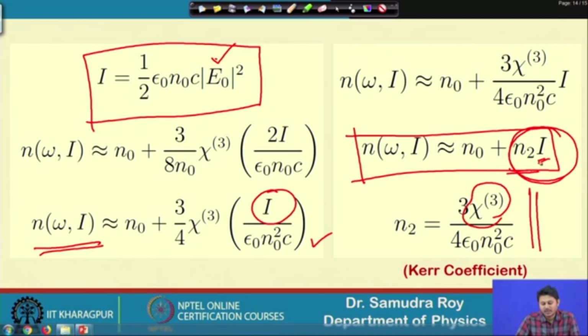So, there are two ways we can increase the nonlinear effect in refractive index, or the Kerr effect. One is by choosing a suitable material for which chi 3 is very high, or we can increase the intensity. We launch an electric field and increase the intensity, and because of the increment of the intensity we can increase this refractive index.